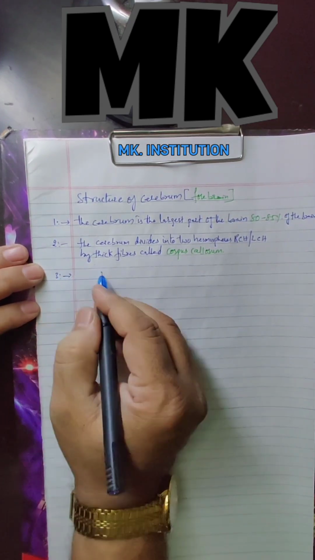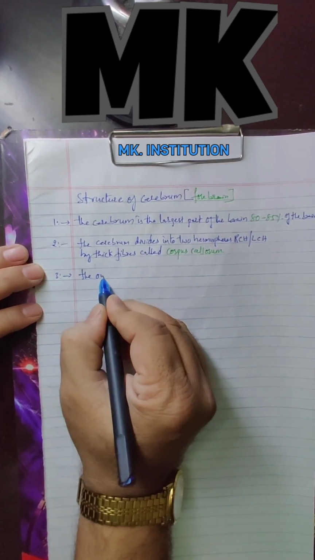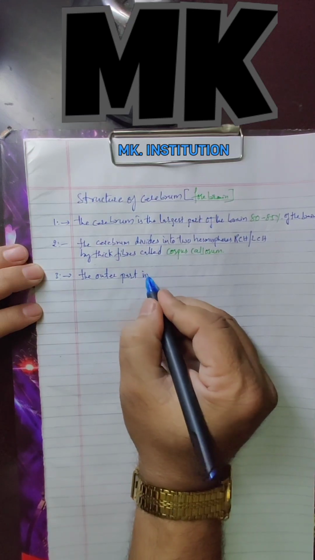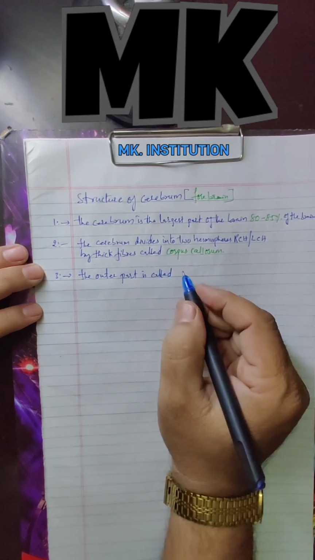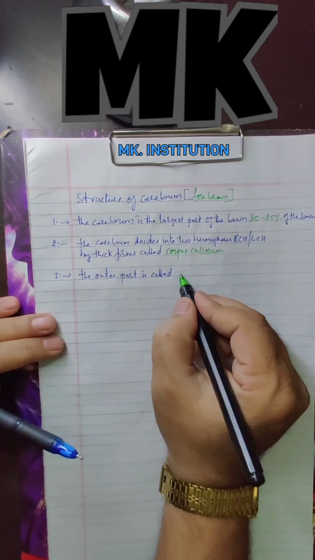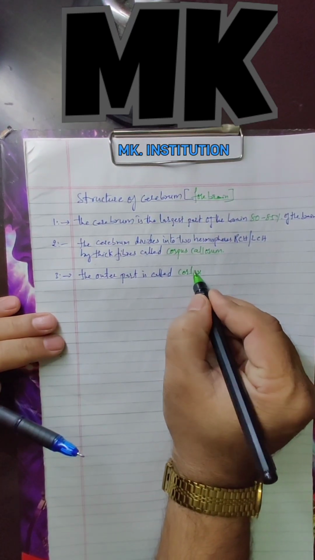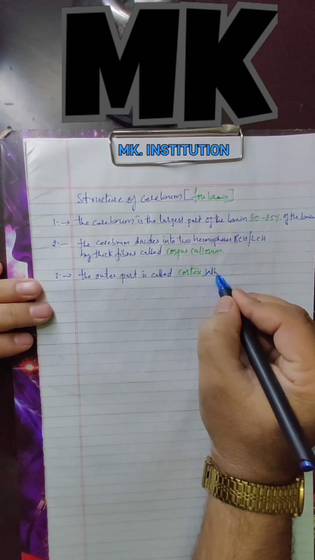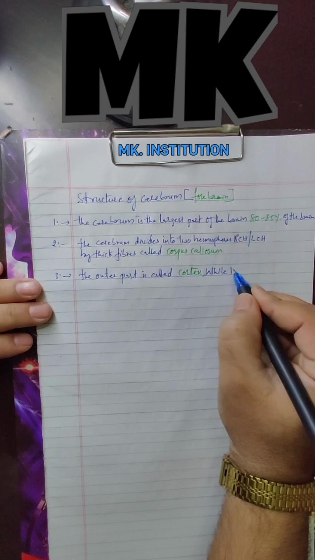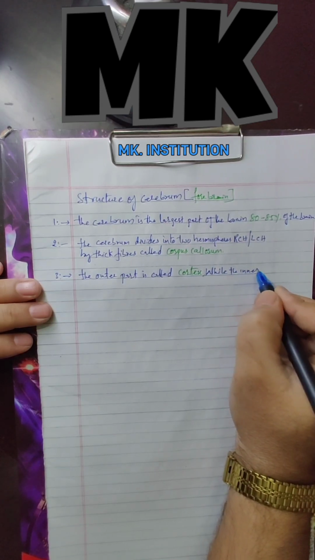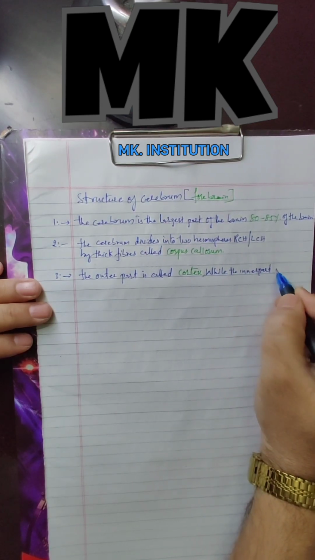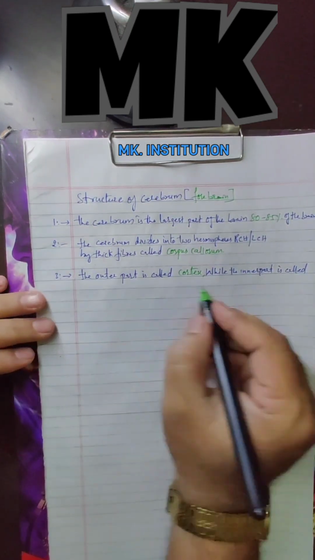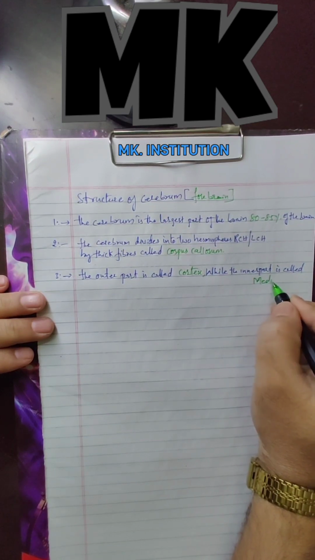Next, third, the outer part is called cortex, and the inner part is called medulla.